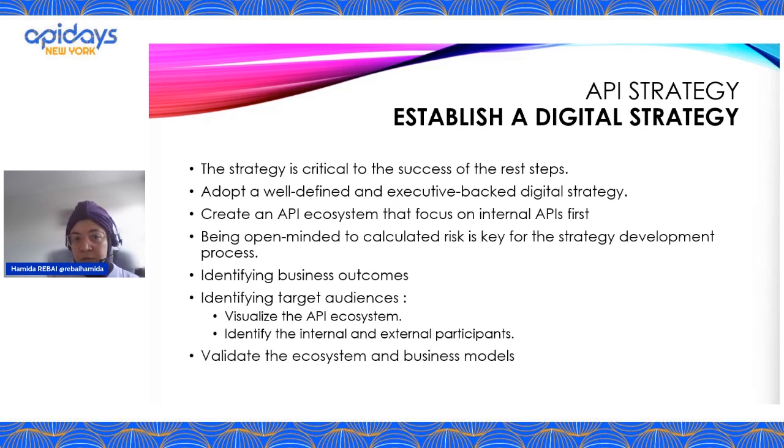Here we need to have an idea about the API ecosystem. This is why we need to identify our internal and external clients, or participants. And in the end, we need to validate the ecosystem and business models. That is the best ecosystem. We have added value in our case to build our ecosystem.